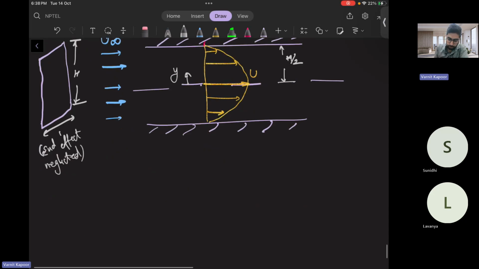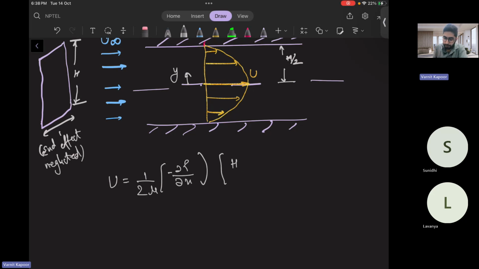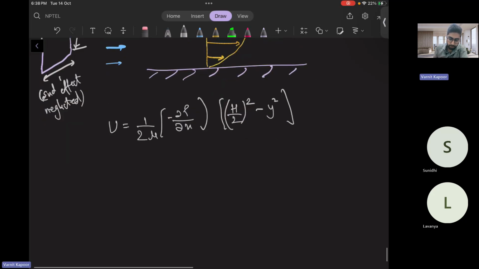So my relation will somewhat look similar: u is equal to 1 by 2 mu, instead of 1 by 4 mu, again minus dou p by dou x into, instead of r, h by 2, from the analogy. So, (h by 2) square minus y square. At y equal to 0, the velocity will be maximum, u is equal to u max.